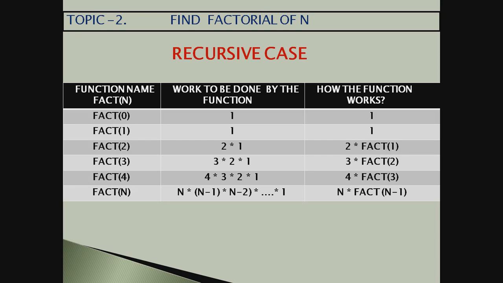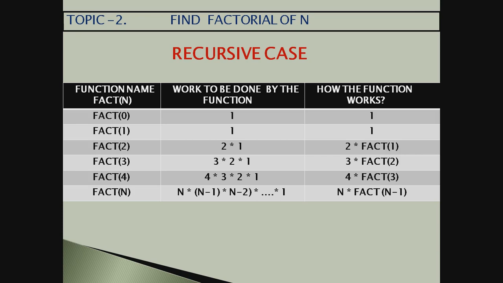And column 3 shows how the computer is going to do the same work. Now the computer, for fact 0 or fact 1, is going to directly return 1. We'll code it in such a way that the terminating case would be taken care of in the code and they would directly return back 1 to us.